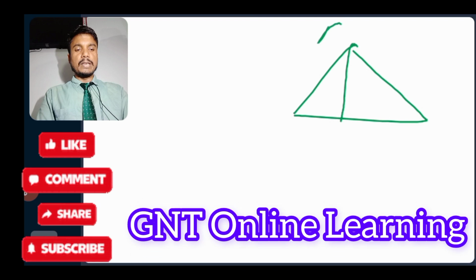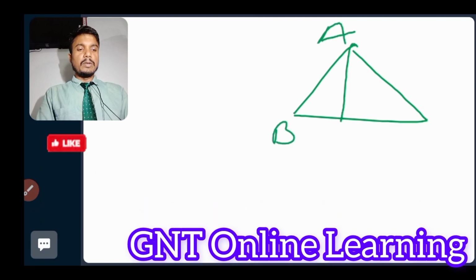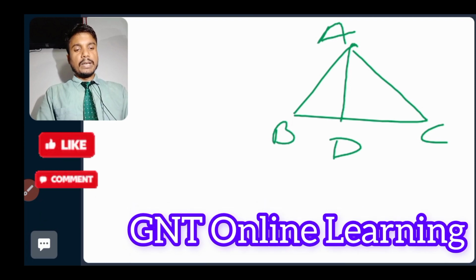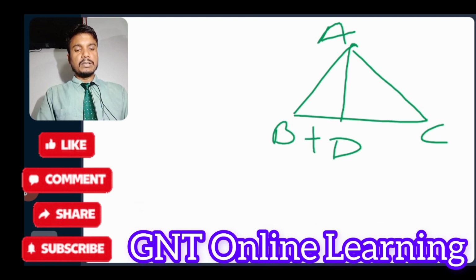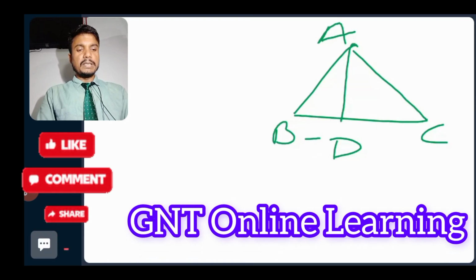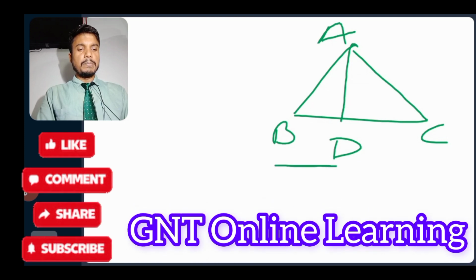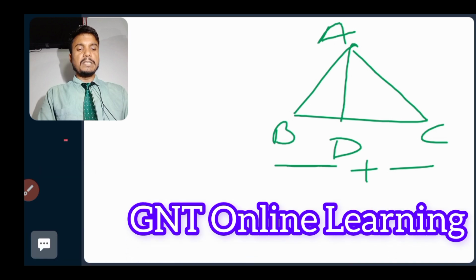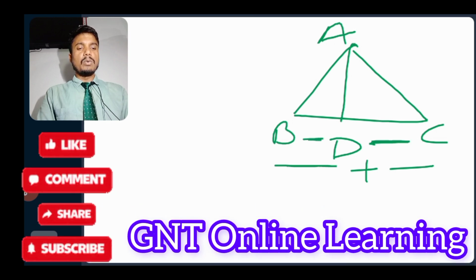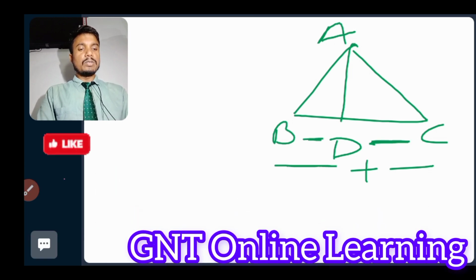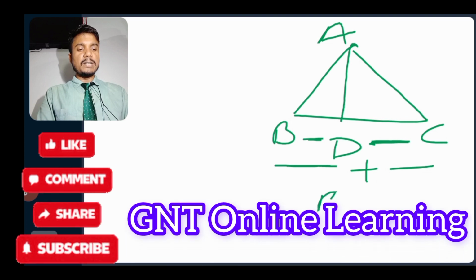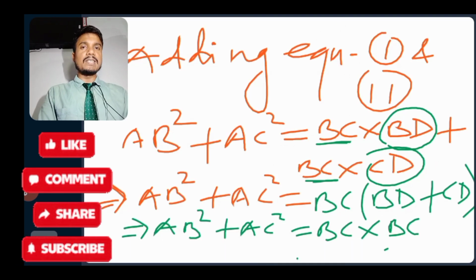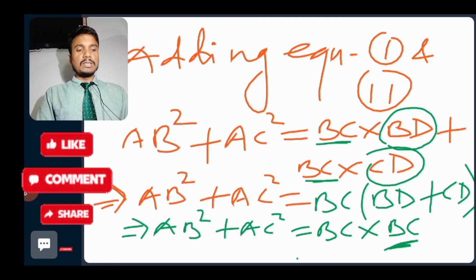Here we have got A, here B, here C, and here D. We are adding this part BD plus this part CD, and if we add these, we get BC. So that same BC I have written here. This is how we got BC.